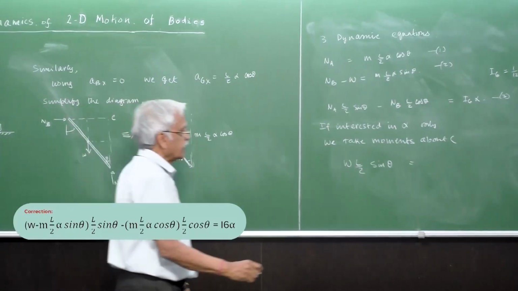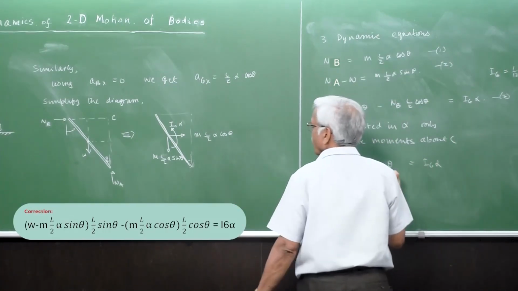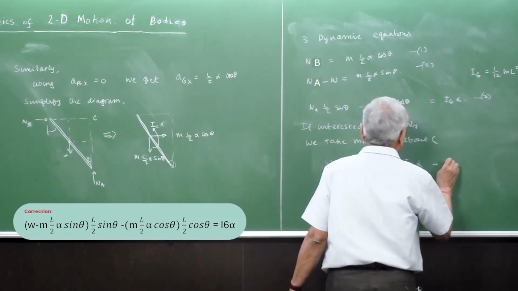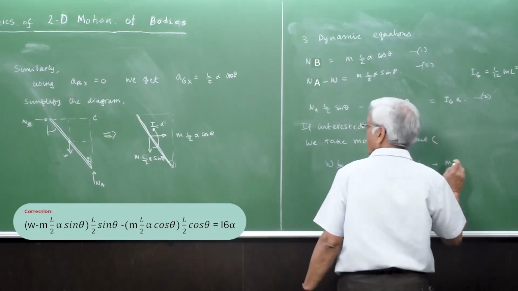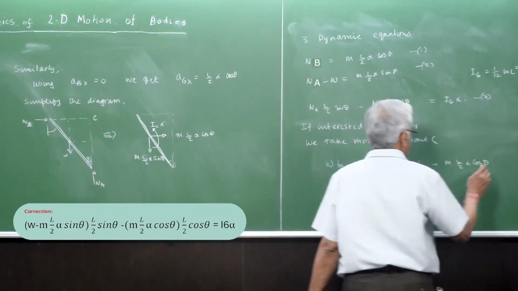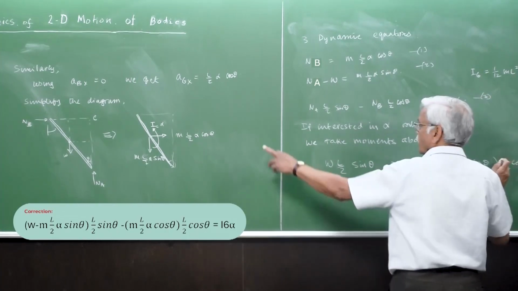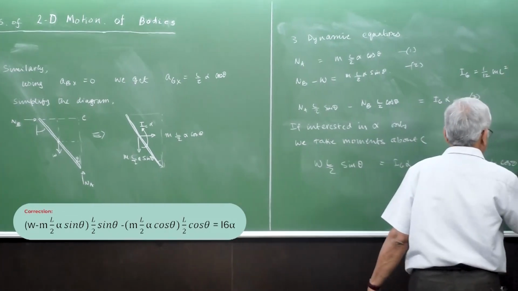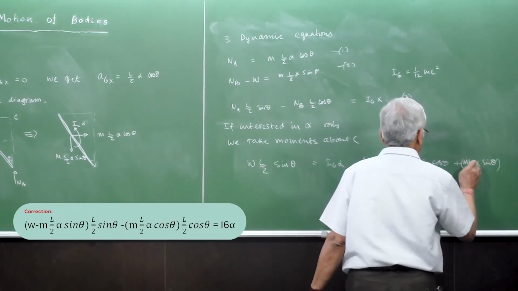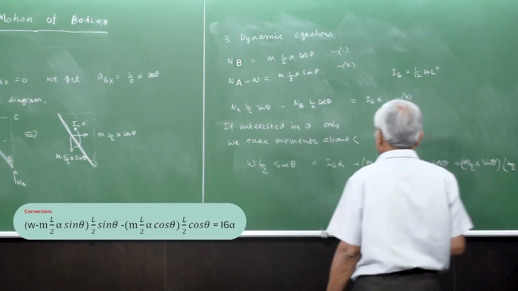For that we have Ig alpha and M L by 2 alpha cos theta times L by 2 cos theta, plus M L by 2 alpha sin theta times L by 2 sin theta.